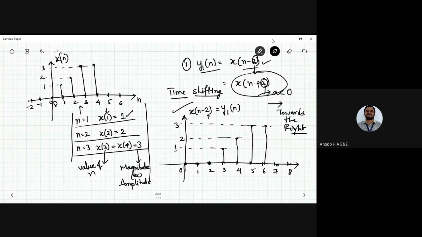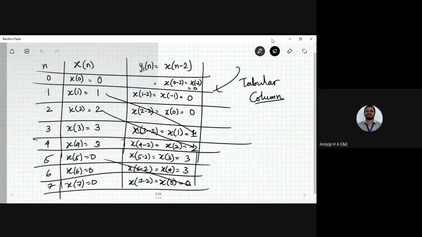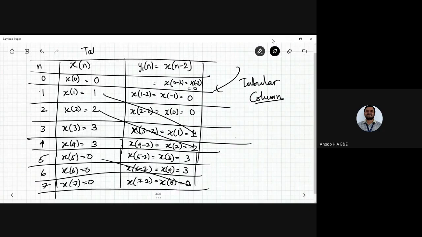That's the reason why it is translated towards the right. Hope you are clear with the tabular column representation I have written here. While solving the problem, if you have any doubts, you can unmute yourself and let me know.